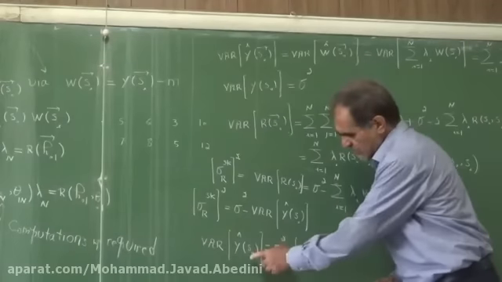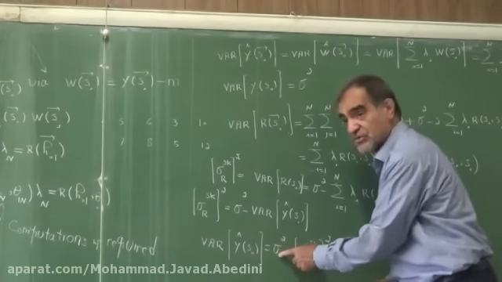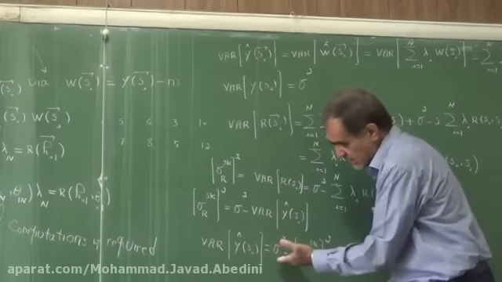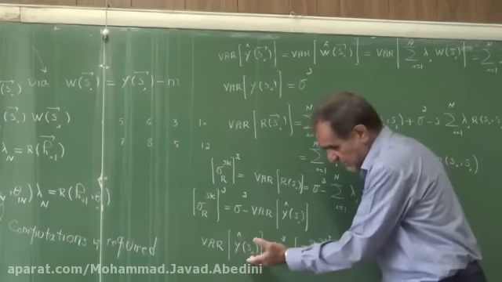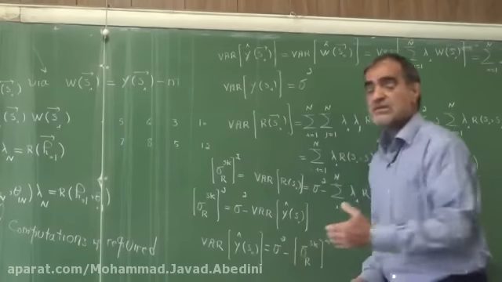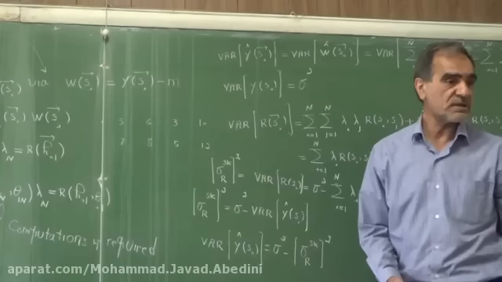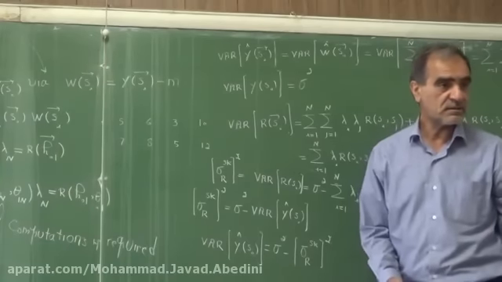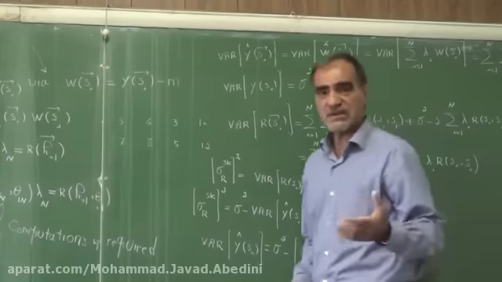This is variance of estimated value and this is variance of true value at the same point. And here it says variance of estimated value is less than variance of true value. This is called the filtering property of Kriging. Kriging will act as a filter. Are you familiar with a filter?